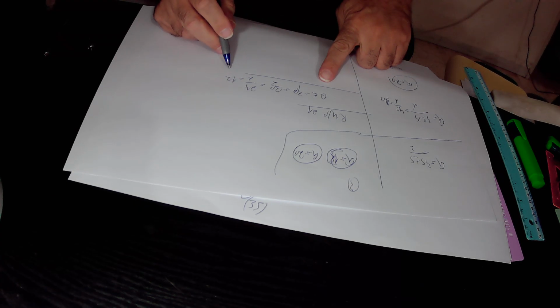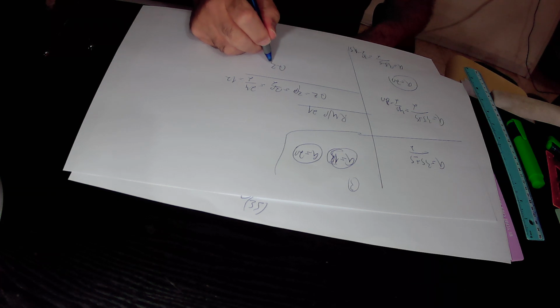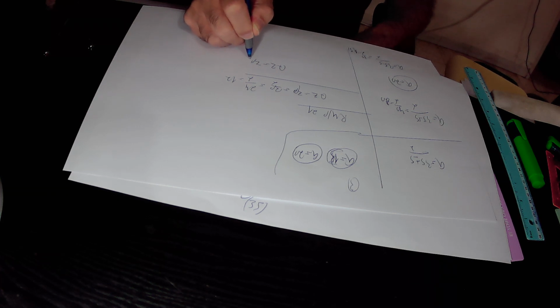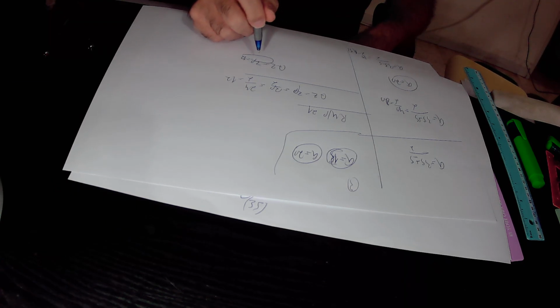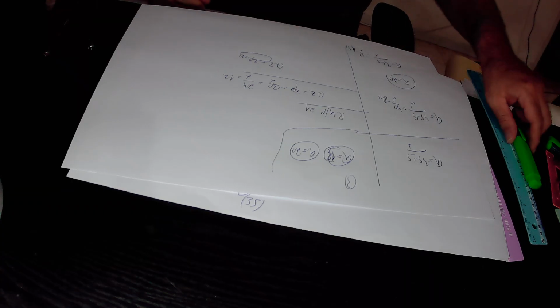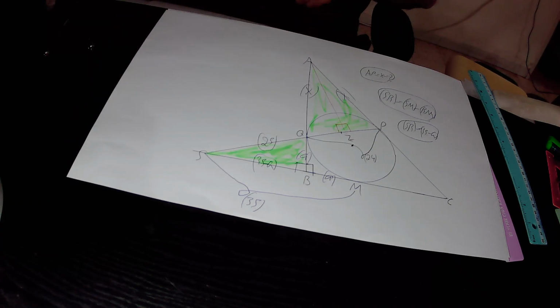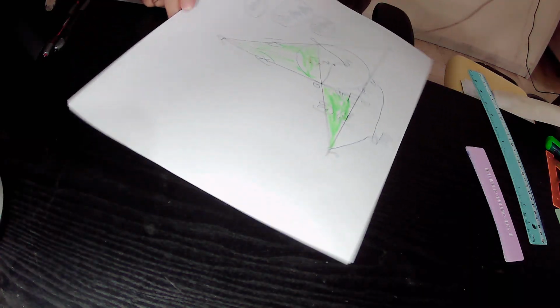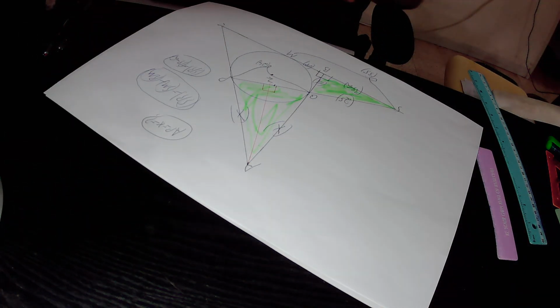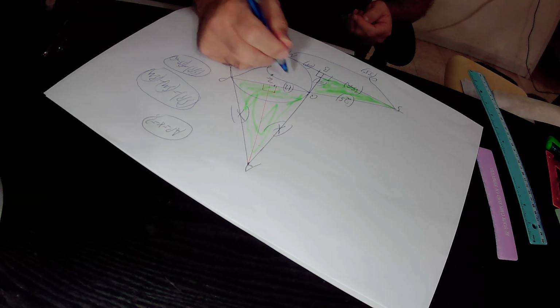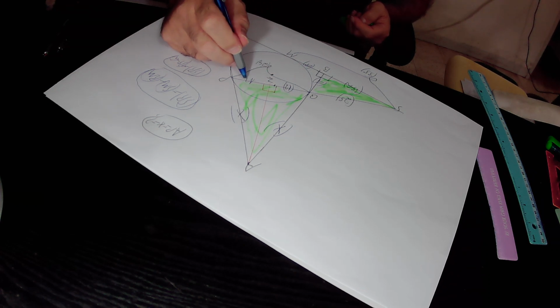So we know that QZ equals ZP equals 12. Here QZ equals 12, and ZP also equals 12.